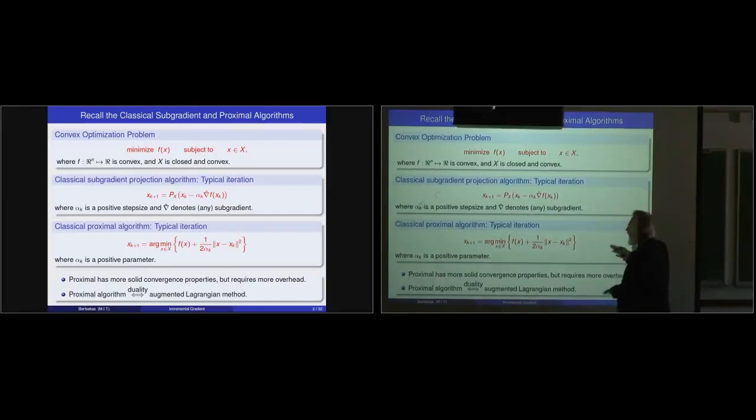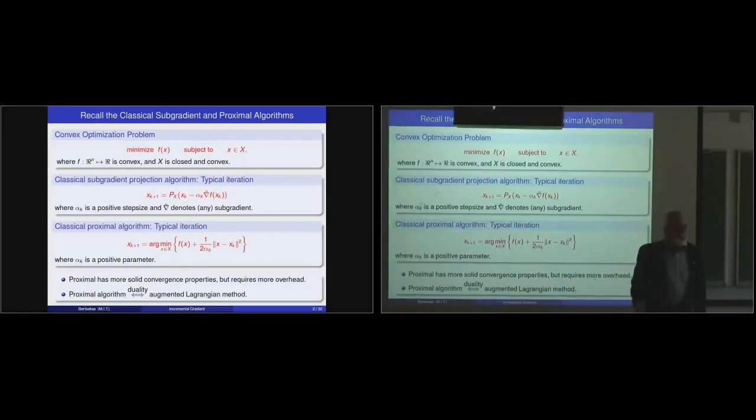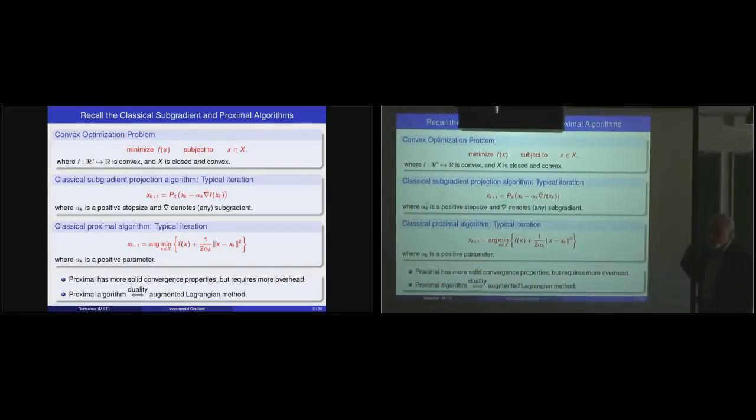And if you dualize this problem, then you get another very important method for constrained optimization, which is the augmented Lagrangian algorithm. This is a general purpose optimization method. It's very popular. It's very easy to implement. And there's software associated with it that people use a lot. So proximal and augmented Lagrangian are dual sides of the same coin, and both of these methods are important.